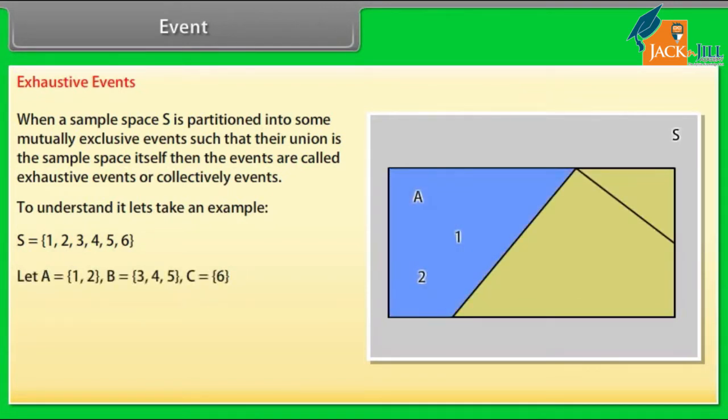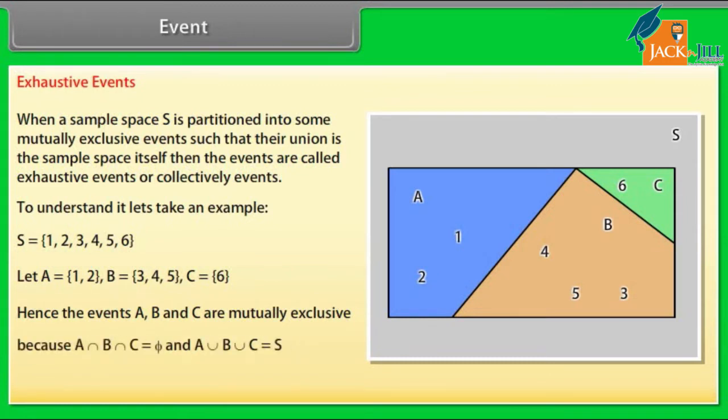Let A is equal to {1, 2}, B is equal to {3, 4, 5}, C is equal to {6}. Hence the events A, B and C are mutually exclusive because A intersection B intersection C is equal to phi, and A union B union C is equal to S. So the events A, B and C are exhaustive events.